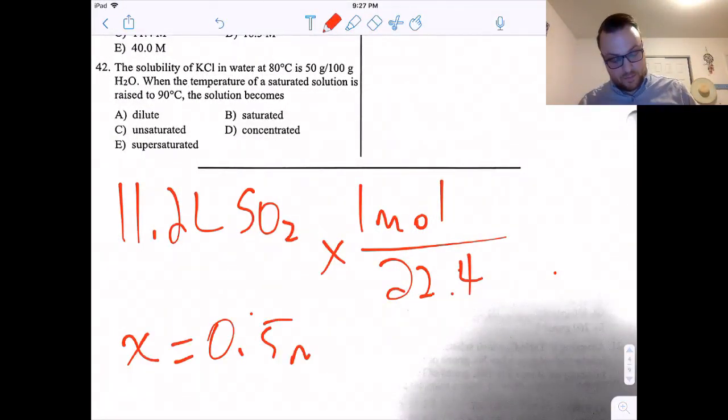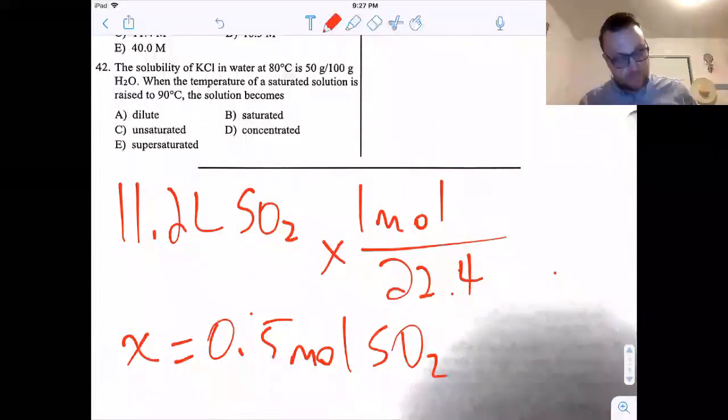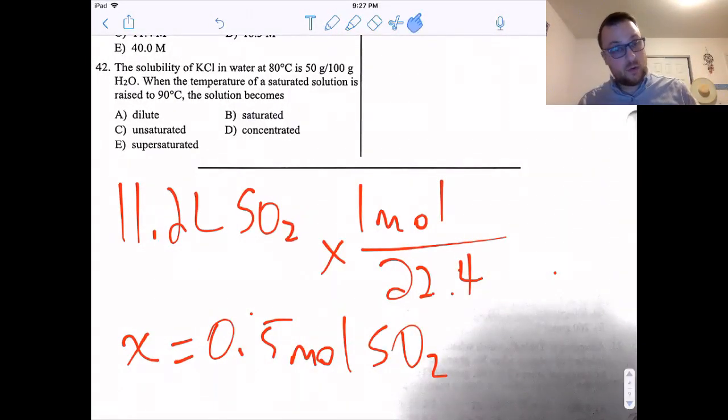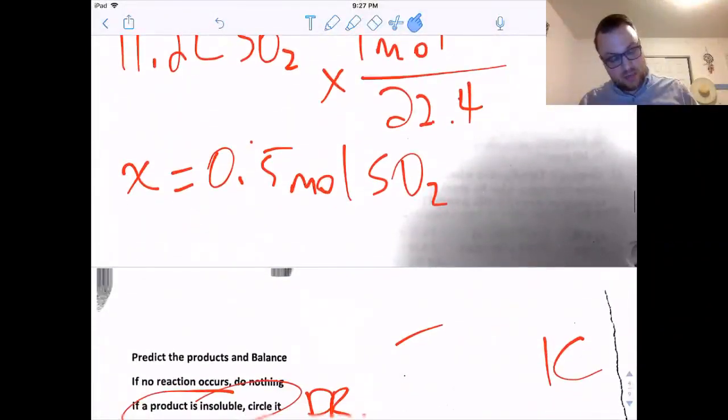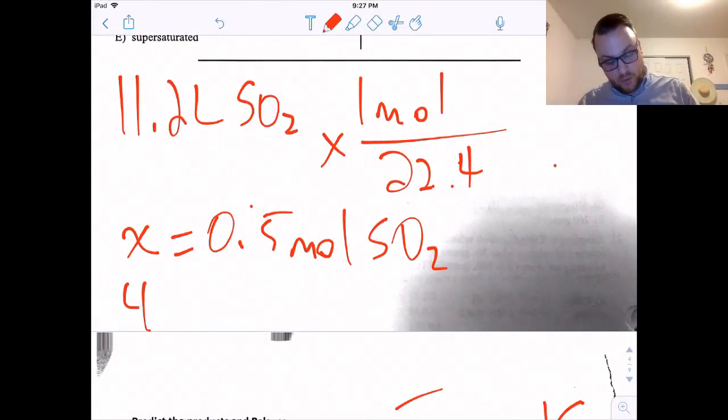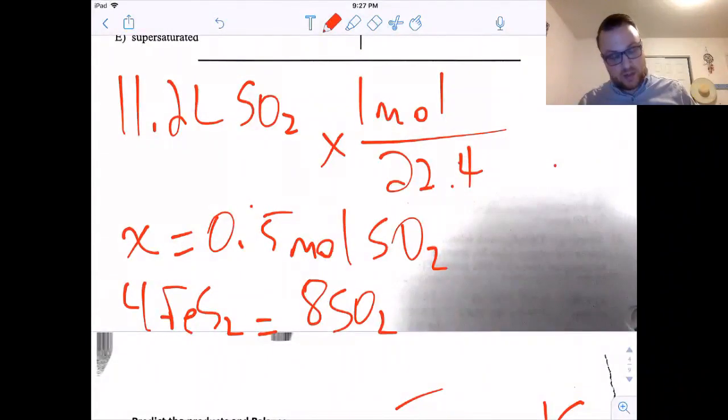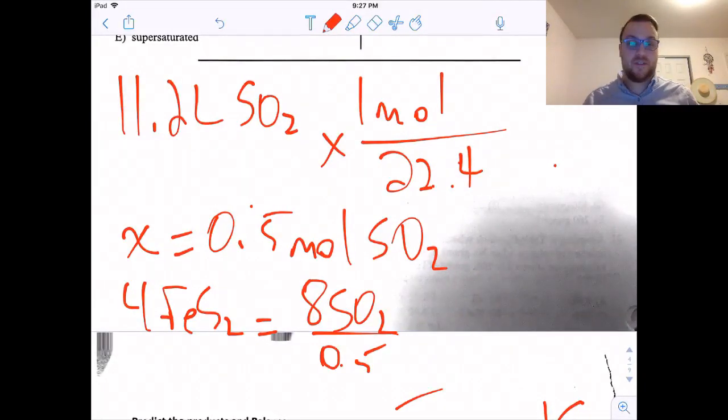For every 4 moles of FeS2, I get 8 moles of SO2. So for every 4 FeS2, I get 8 SO2. But I don't have 8 SO2. I have half. How many moles of FeS2 do I have? Do a little cross multiply and divide. You should get a quarter. X is equal to 0.25 FeS2.